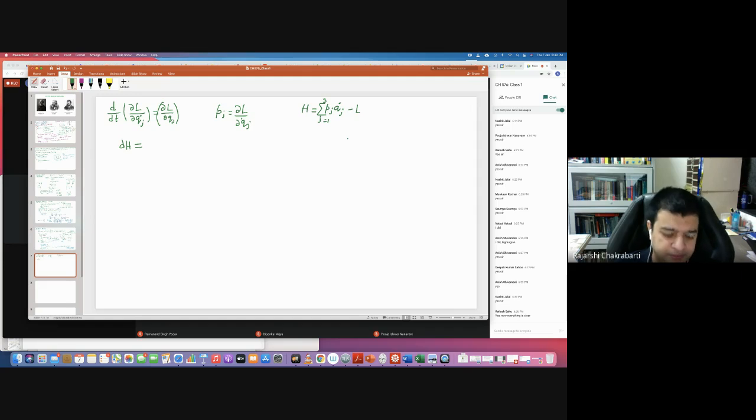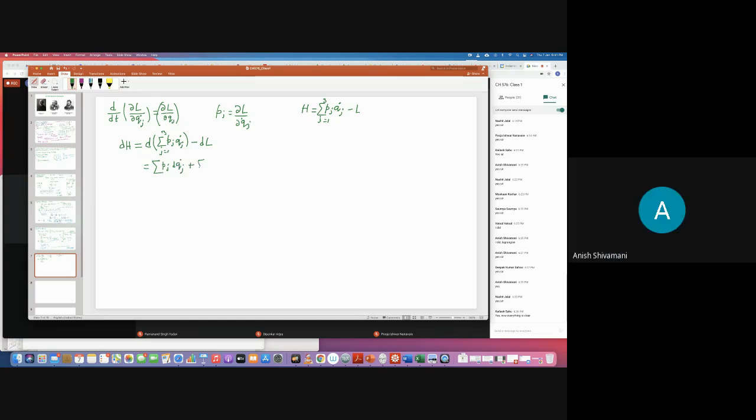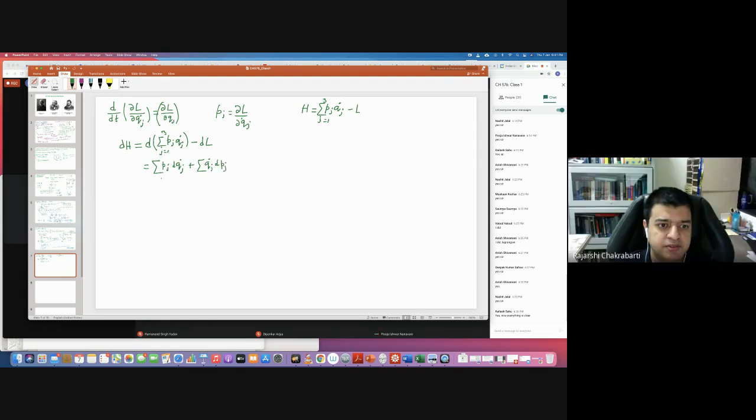Let me go step by step. d of this minus d of L, that is what you want to do. What is d of this? It will have two terms, isn't it? One is Pj dqj dot plus Qj dot dPj.